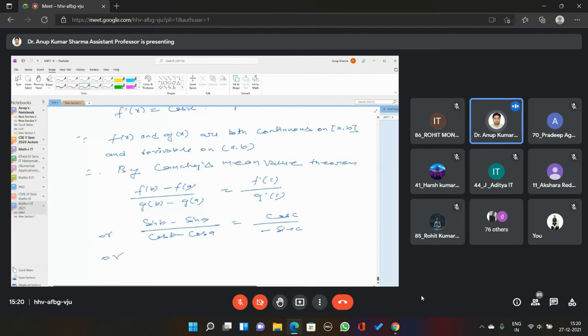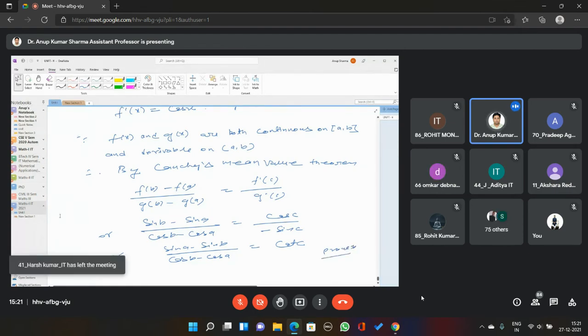Now we can change the numerator, removing the minus sign: (sin B minus sin A) upon (cos A minus cos B) is equal to cot C. So you have to write these steps. When writing this expression, it must satisfy the condition of continuity and differentiability according to the Cauchy's mean value theorem.